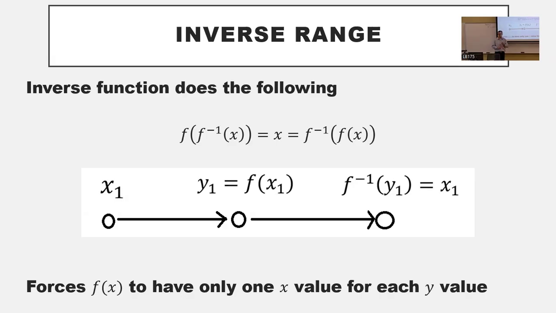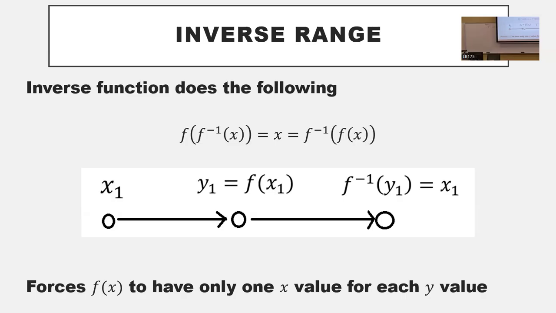That's a specific number input, and we get out a y value of y1. Then the inverse function, you'll have to put in a y value, y1, and get out that same x value, x1, that you started with.